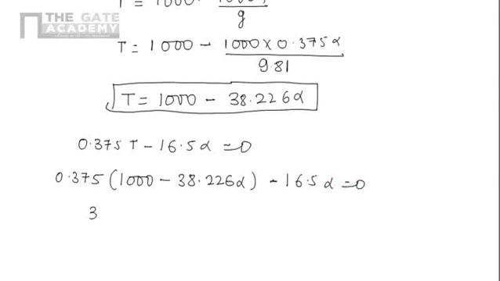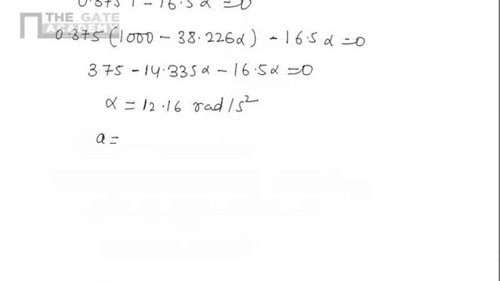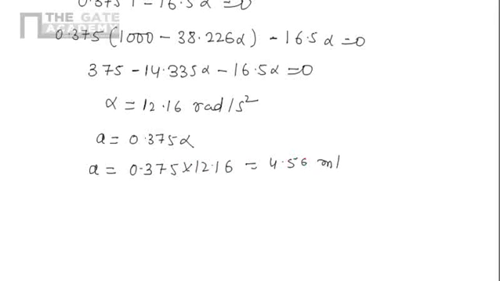If we simplify it further, we get 375 minus 14.335 alpha minus 16.5 alpha equals 0, and in this way we get alpha equals 12.16 radian per second square. We know a is nothing but 0.375 alpha, so we can get the linear acceleration a, which is 0.375 into 12.16, so we get 4.56 meter per second square.